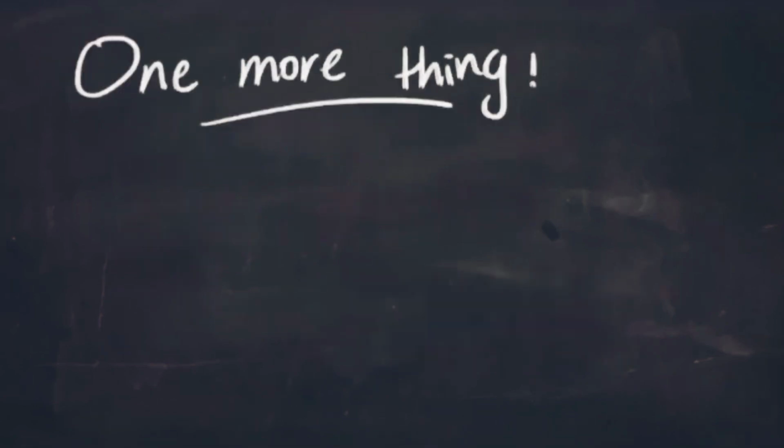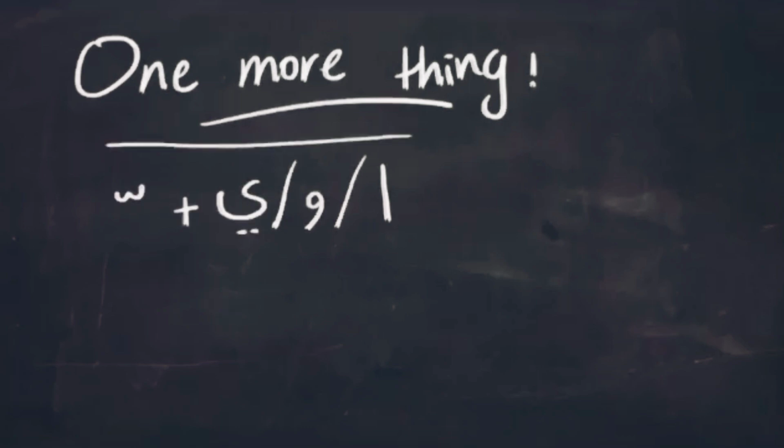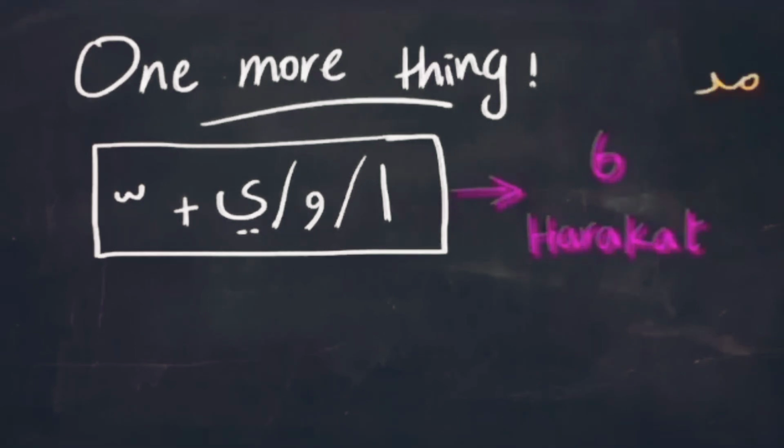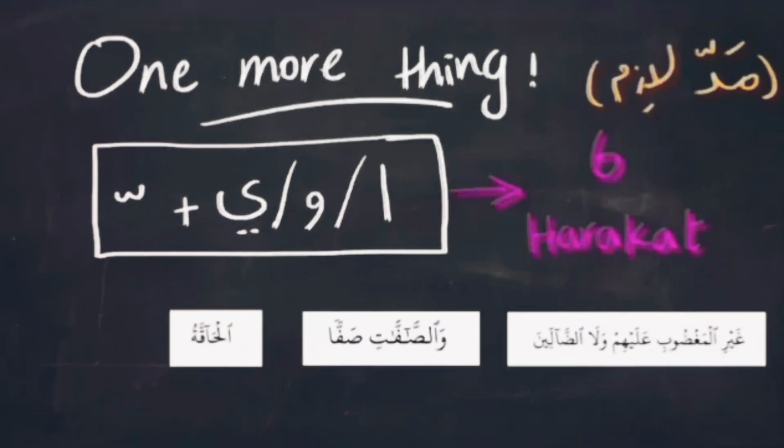One last thing. If the long vowel was followed by a doubled sound, so a sound with shadda that has sukun on it, you'll extend it 6 harakat. This is the longest you will ever extend a letter.